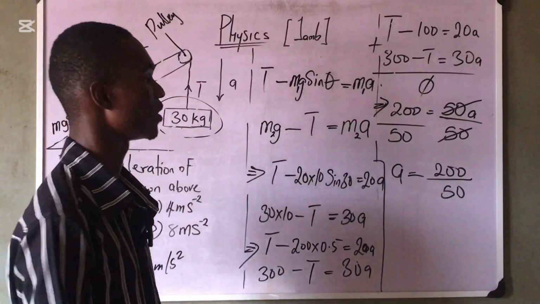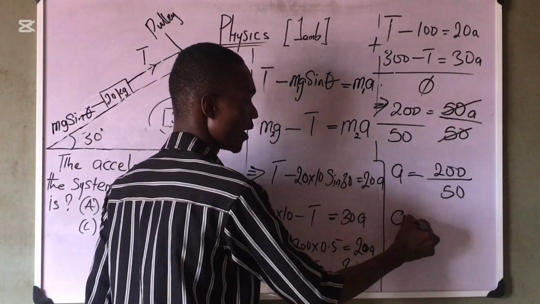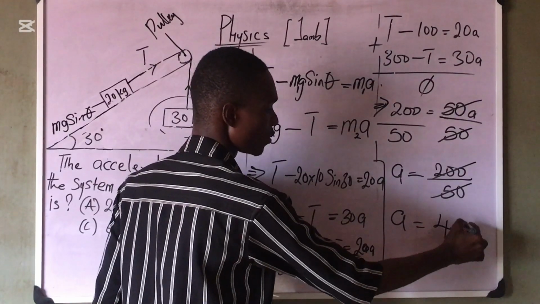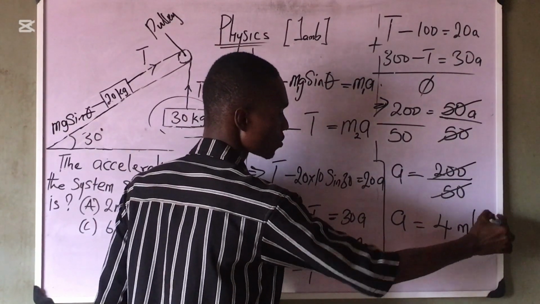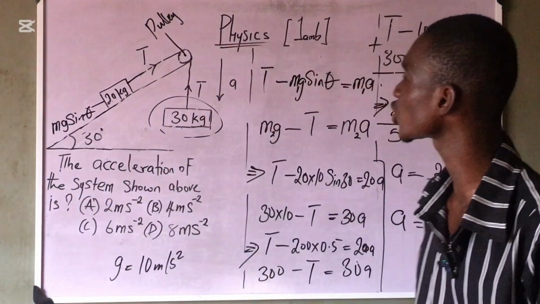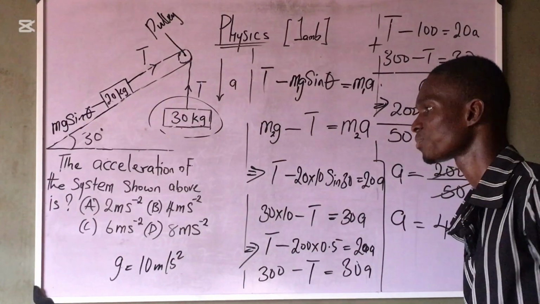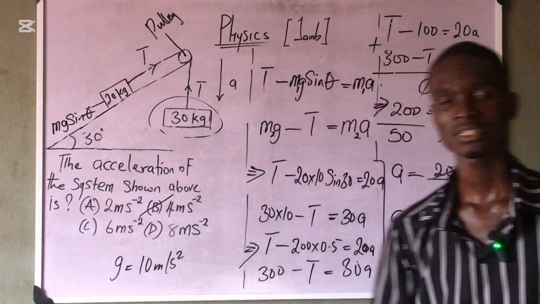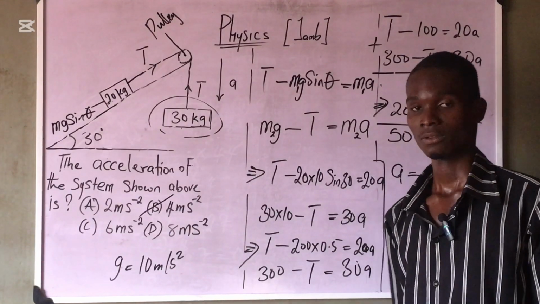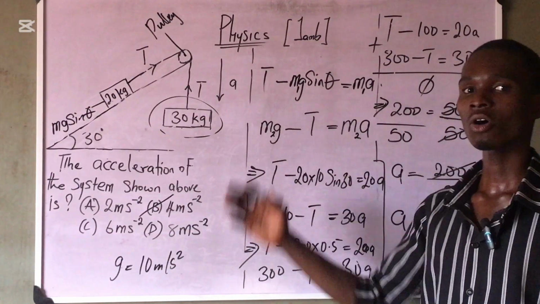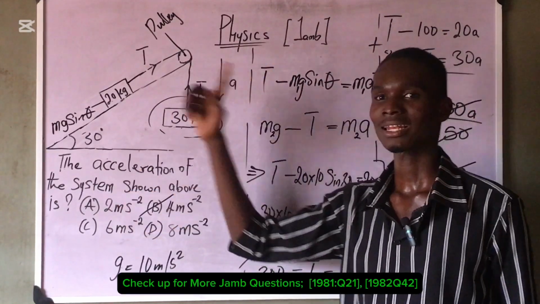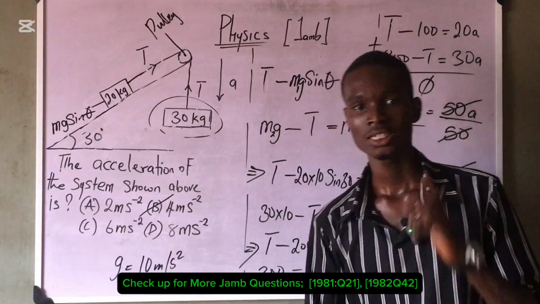So I will have a equal to, when you use this to divide this, 4 meters per second squared as the acceleration in this system, which gives option B as the correct answer. You can go to your past questions, check more questions like this, and give justice to it.